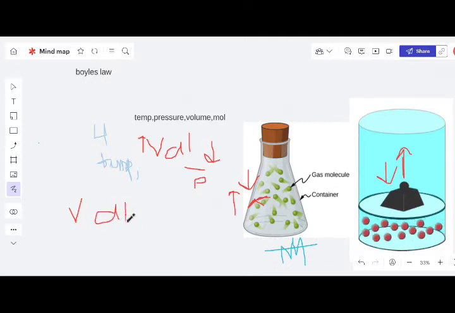Since volume is inversely proportional to pressure, when we remove the proportionality sign, we get a constant.